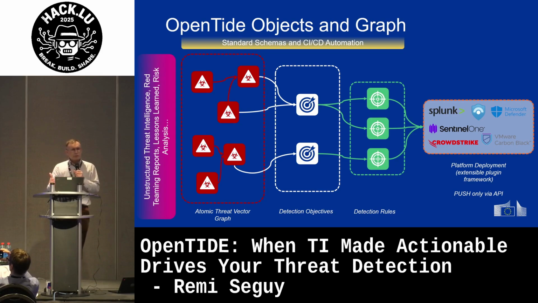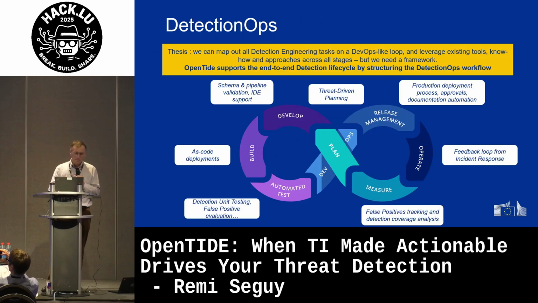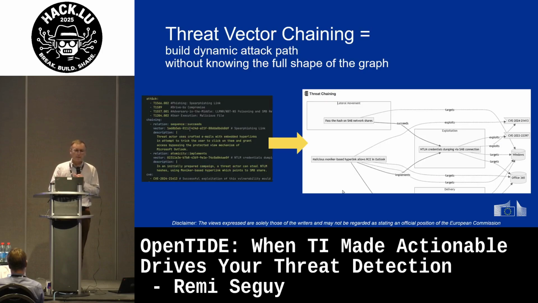And we are going to develop the detection rules implementing the detection objectives. And the detection rules are automatically deployed on the different detection platforms we support via the API. We follow all the DevSecOps principles. We call that detection ops.